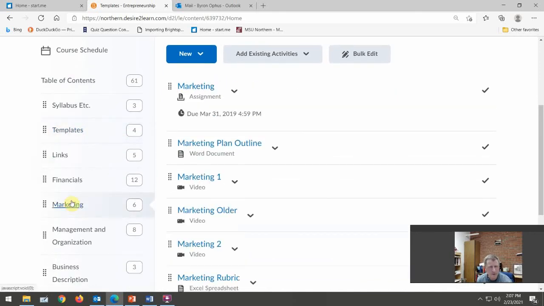The other one, then, if you come down to the marketing, you'll see where it says marketing plan outline. In some ways, I find, even though this one's more of a skeleton type of document, it's got more detail, or maybe it's better to say that I think it has more things in it that you ought to include, and maybe it's a little more clear in what those things are and how they should be included in your marketing part.